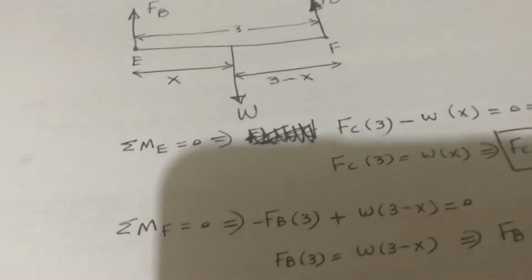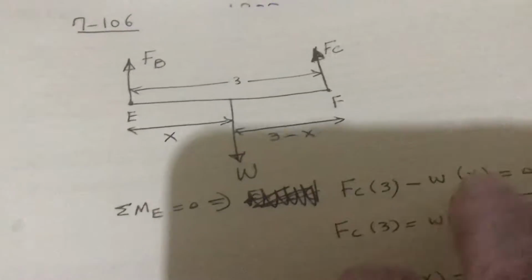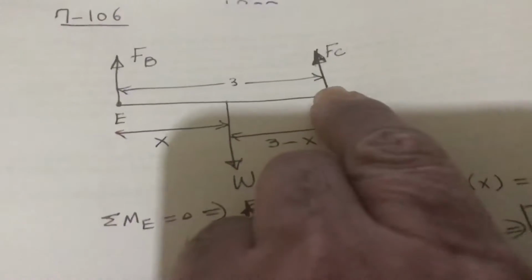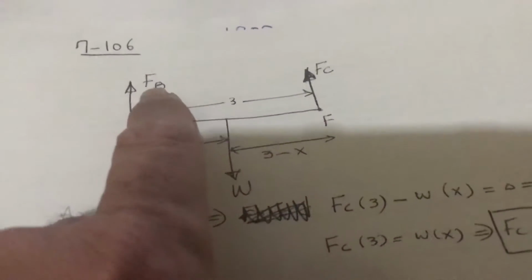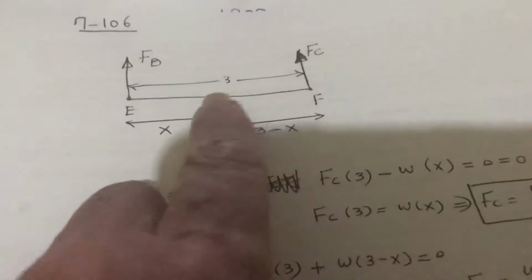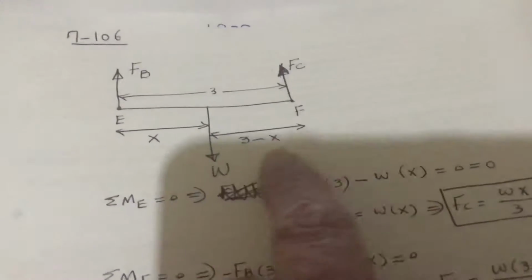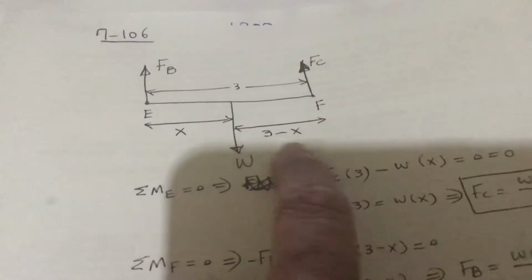Nice. Let's do the summation of moment at F. You can see there are two forces. One force going negative, minus FB times 3, and this force will go positive, W times (3 minus X).